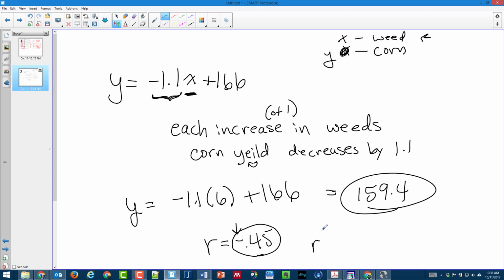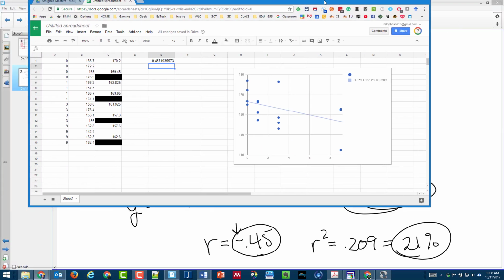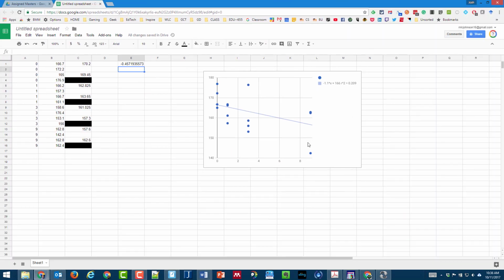In fact, if I look at the R squared, it says 0.209, which means that this really describes about 21% of the variation. So some of this variation is just random. And you can see it as you're looking here. I've got some variation that's completely random looking. Now, keep in mind, this piece of data right here, the 9/142.4, that might be an outlier.